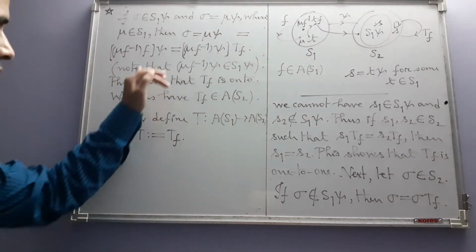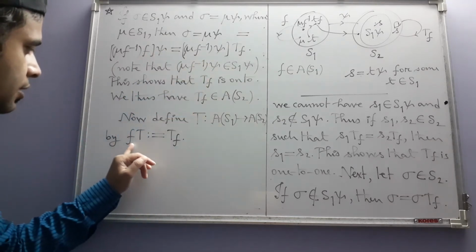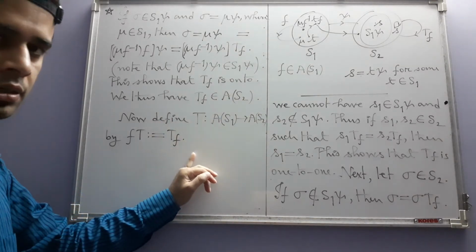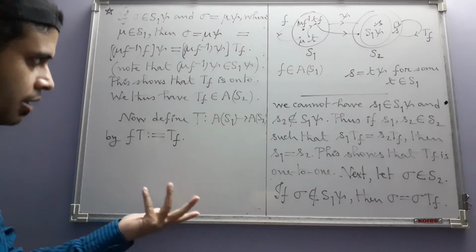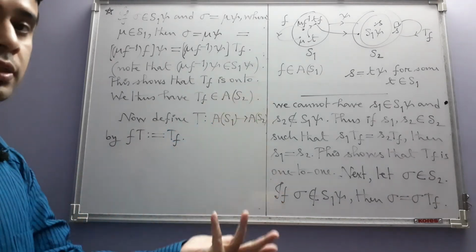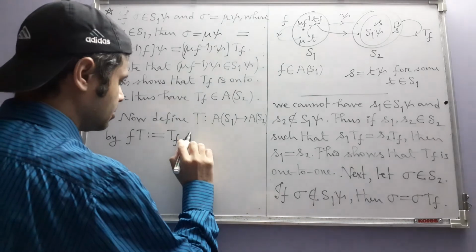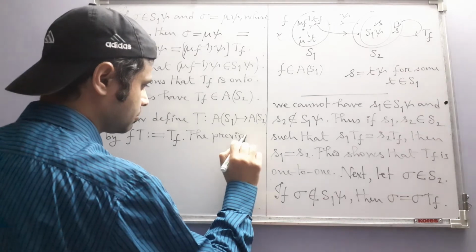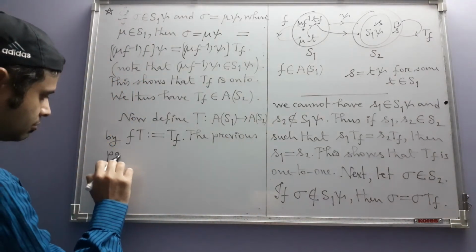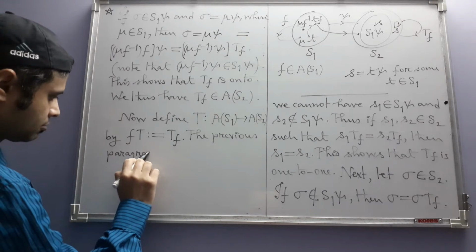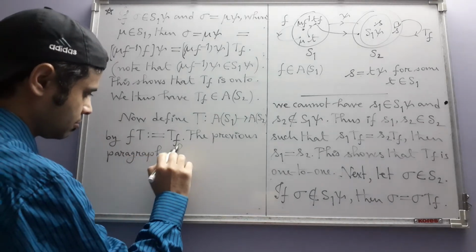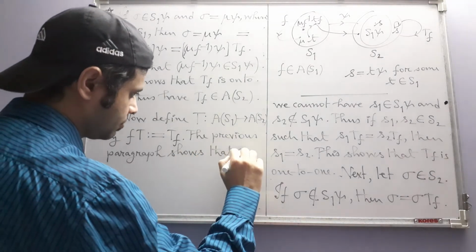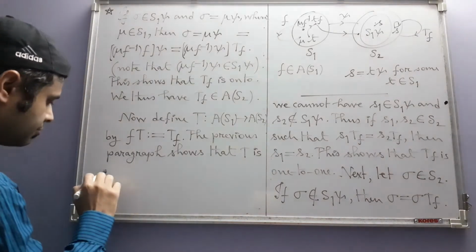We have shown in the above paragraph that if we choose an F from AS1, then this particular function TF for that F is actually a bijective function, or is actually in AS2. The previous paragraph shows that T is well defined.